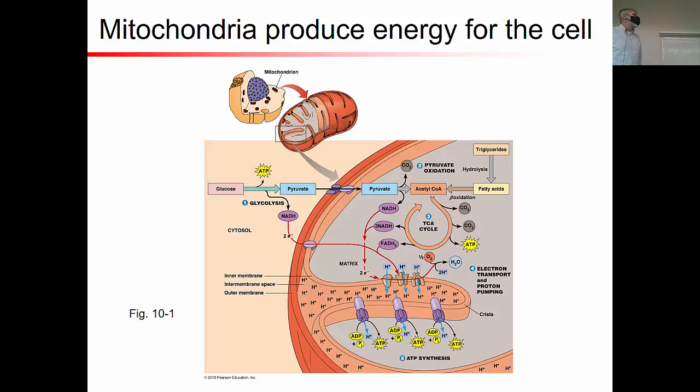We'll look at these processes in a sort of high-level way in a few minutes, but what we have, for example, is sugars, such as glucose. The first steps of the breakdown are in the cytosol, but then they're brought into the mitochondria where the breakdown of them is completed. Over here we see our triglycerides, remember our lipid fat storage.